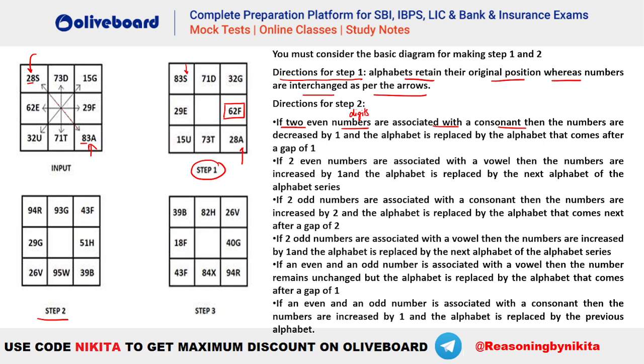So if it is associated with a consonant which is your F, then the numbers are decreased by 1. So you can see here what do we get here? Instead of 62 we got a 51, isn't it? So 6 minus 1 and 2 minus 1. And the alphabet is replaced by the alphabet that comes after at a gap of 1. So after F comes G and then we have an H, right? So that is why we have a 51H here, okay?